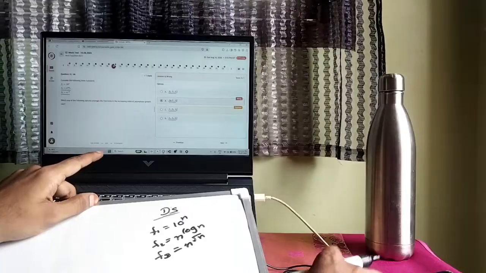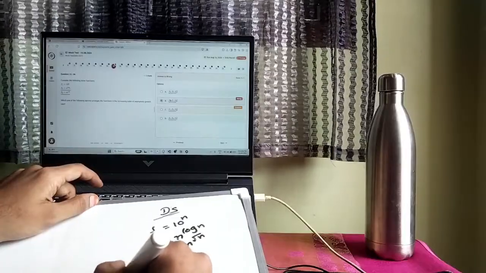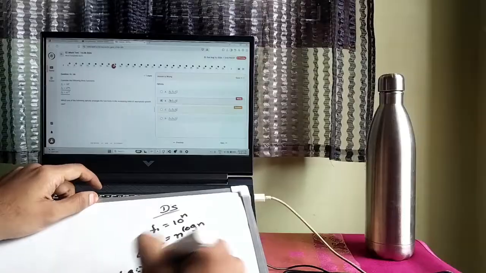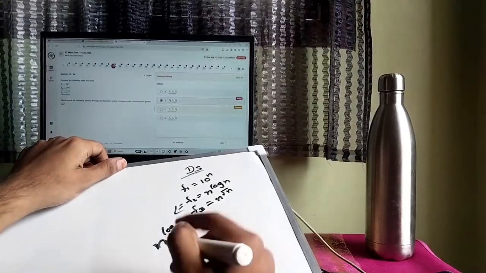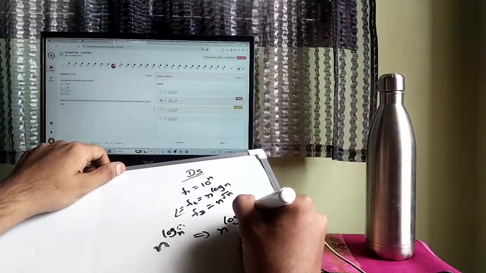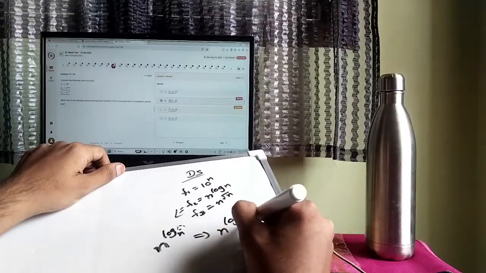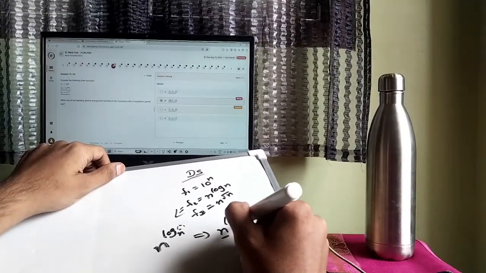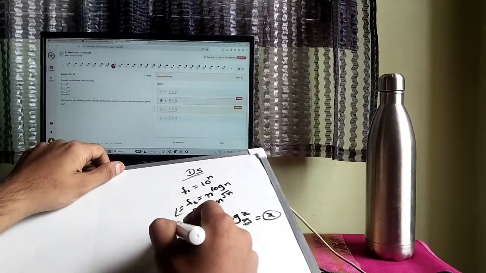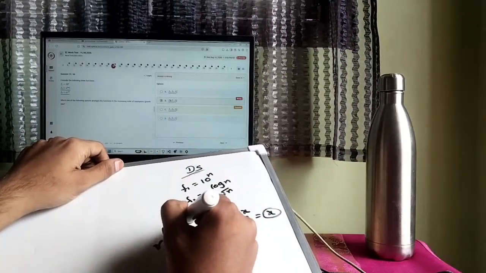Why I marked option B is, I thought in f2 there is n log something, and here the base is n. So we all know the functions, right? If n log x to the power n log x, the base n, if these 2 bases are equal, then it would be x, and then it will be the lowest one.